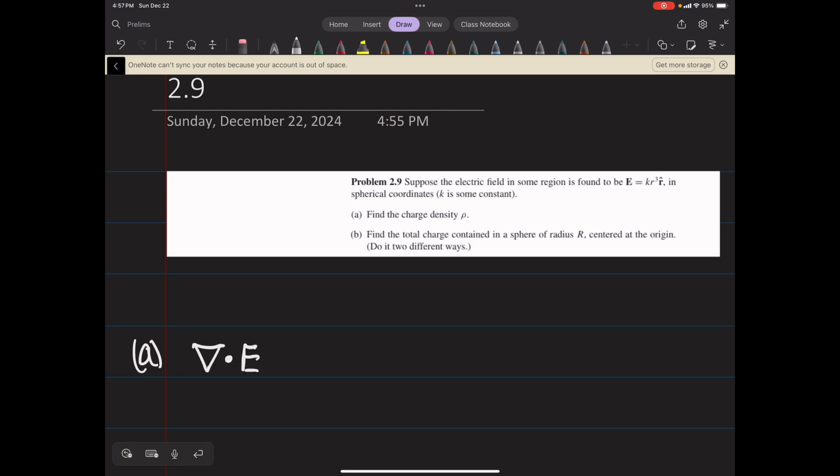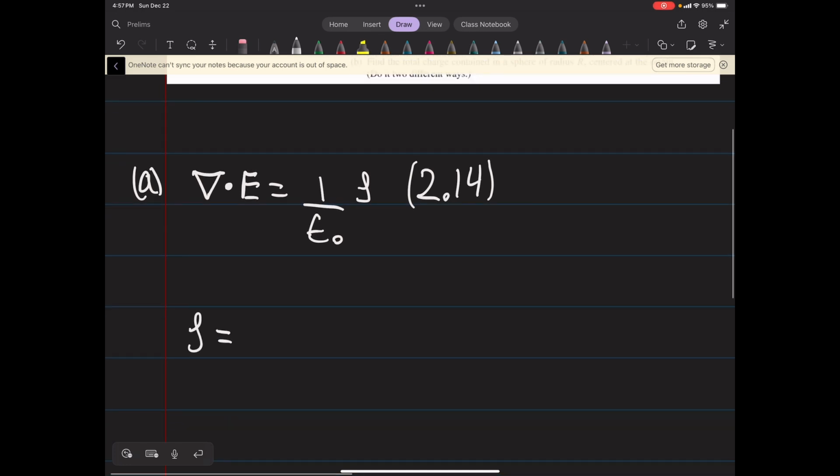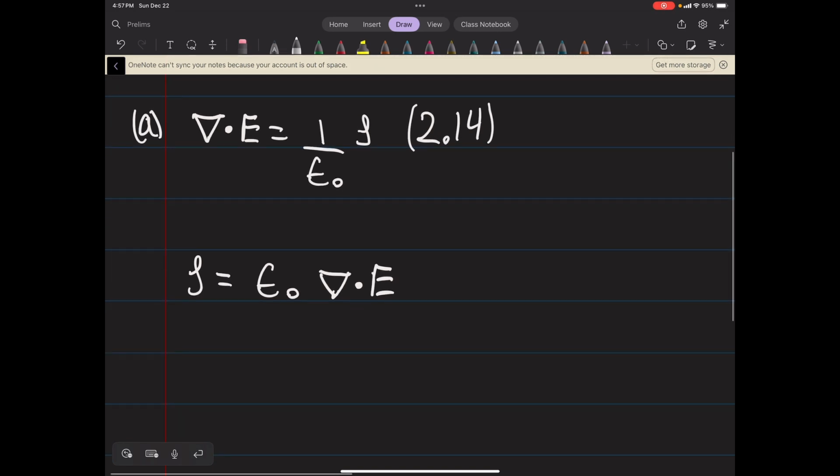we know from the book that the divergence of the electric field is equal to 1 over epsilon naught rho. This is equation 2.14 in the textbook. Rho can then be solved as epsilon naught times the divergence of E. Well, we know what E is, so now we just have to take the divergence of that in spherical coordinates.